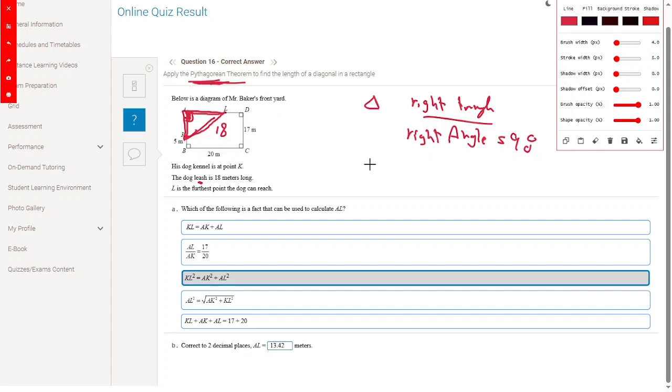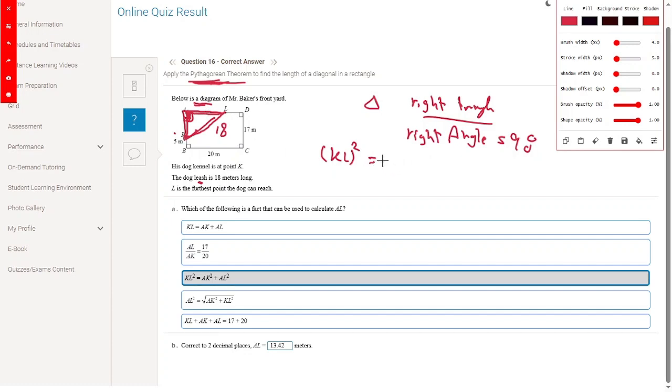So what is the formula for the Pythagorean theorem? It says that the hypotenuse, which is KL squared, will be equal to AL squared plus AK squared. So the formula is that KL squared, the hypotenuse squared, will be equal to the two legs squared.